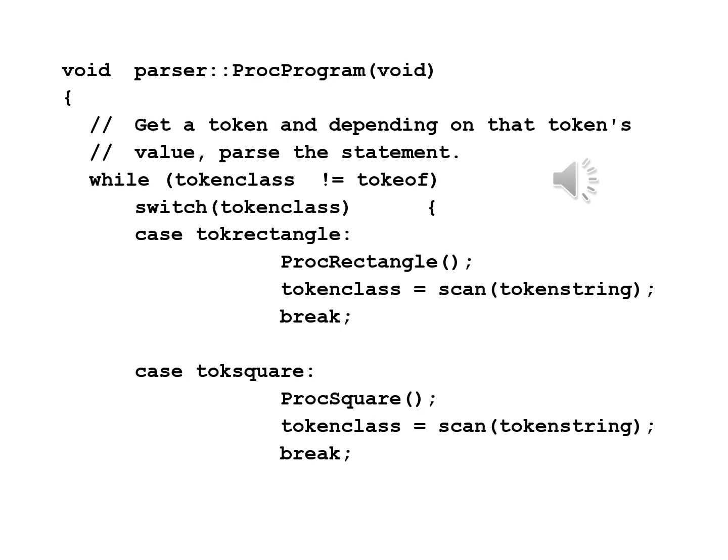The first thing that we do in proc program is that as long as the token is not the end of file marker, we're going to see what it is. If the token is rectangle, we process for the non-terminal rectangle. If it's square, we process for that. In both cases, when we return, we get the next token.